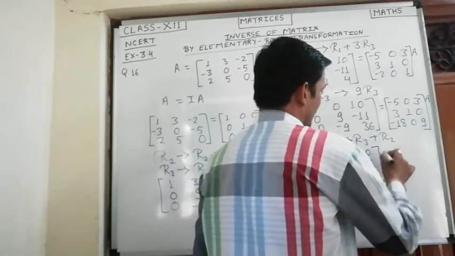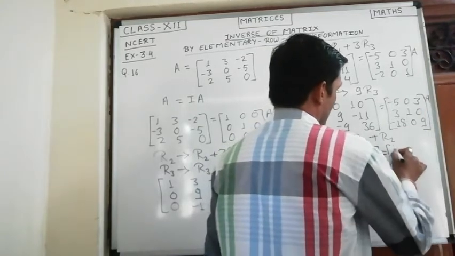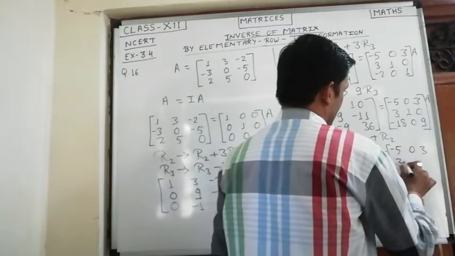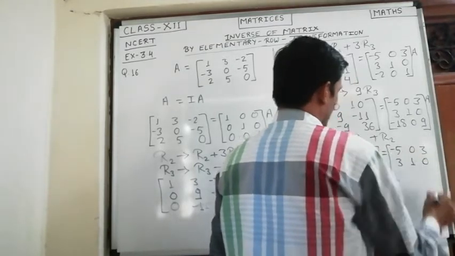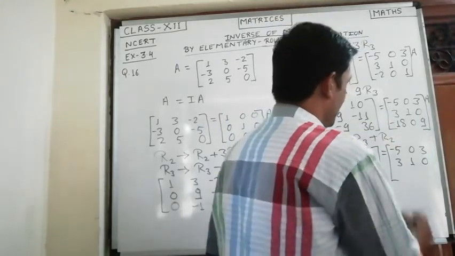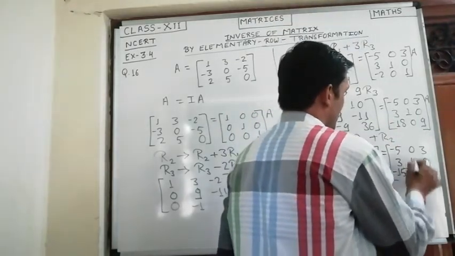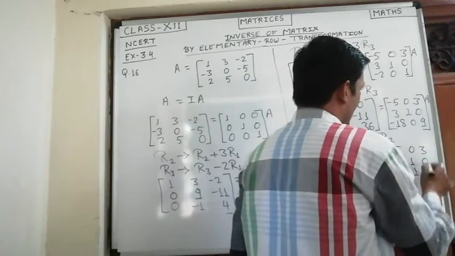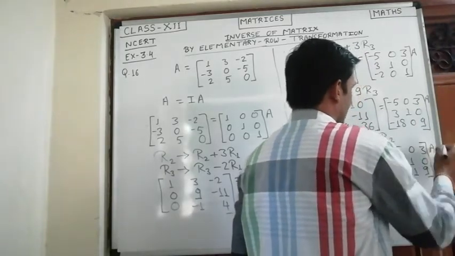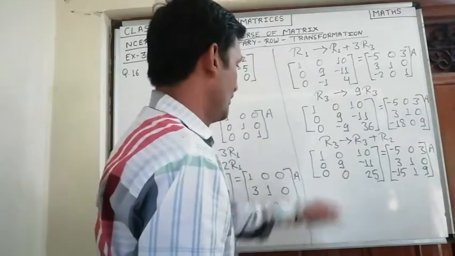Now what happens here? Let us see. Minus 5 0 3, it is as it is. 3 1 0 will also be as it is. Now R3 plus R2 means minus 18 plus 3, minus 15, 0 plus 1, that is 1, and 9 plus 0, that is 9, and here it is 8. Now what we have to do?